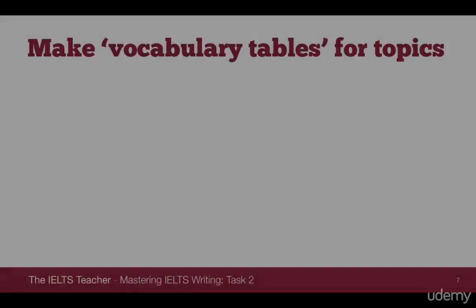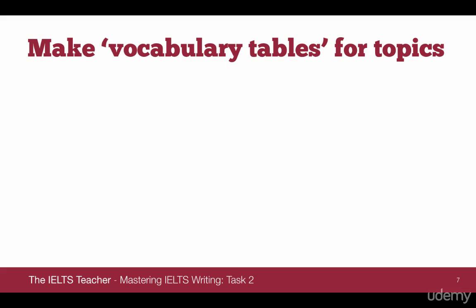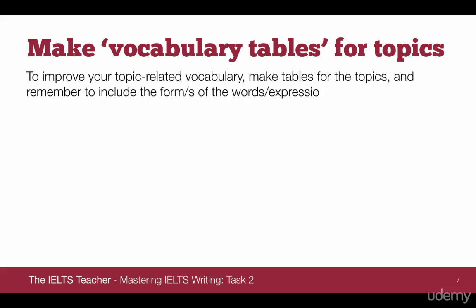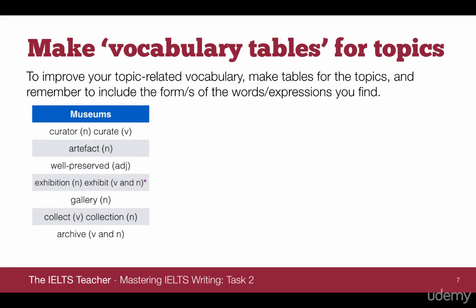So, one way that you can improve your topic-related vocabulary is to make vocabulary tables for topics. Here are a couple of examples. With museums, you could remember to write down different word formations as well. You've got curator as the noun of the person and curate as the verb, artifact, well preserved, exhibition, exhibit, gallery, collect, collection, archive.